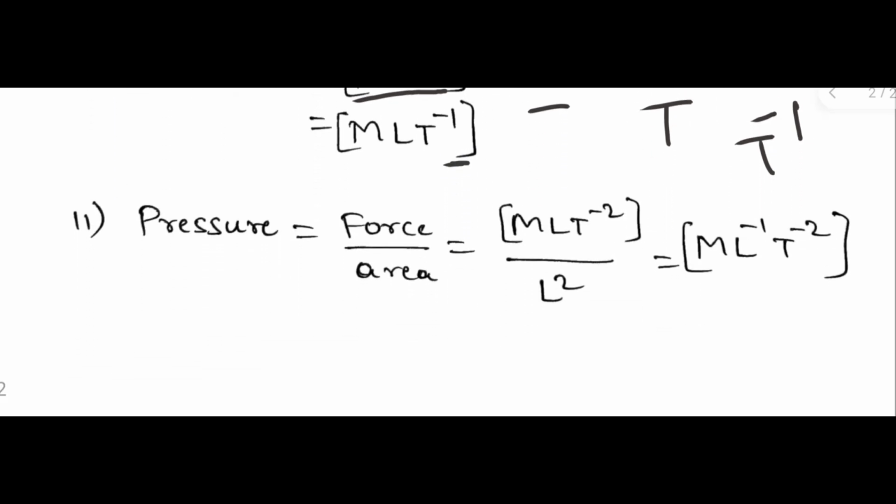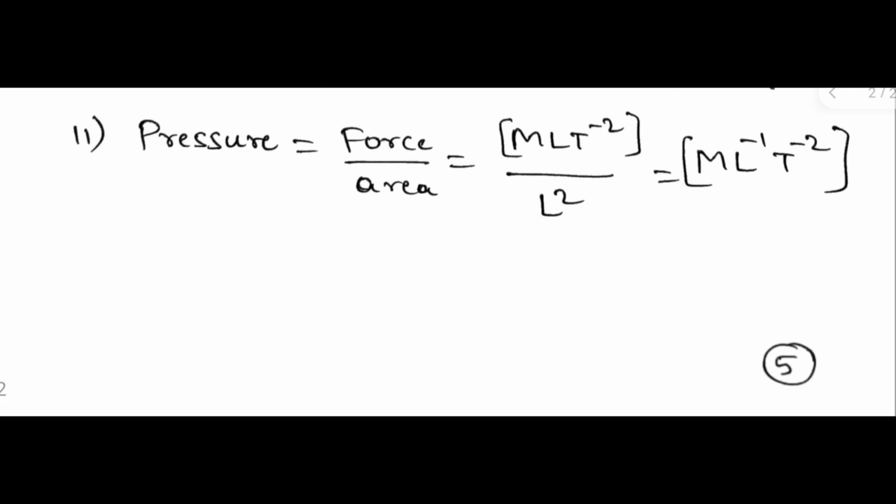Next one is pressure. The pressure formula is force acting per unit area. Okay, force dimension is M L T to the power minus 2. Area means L square.